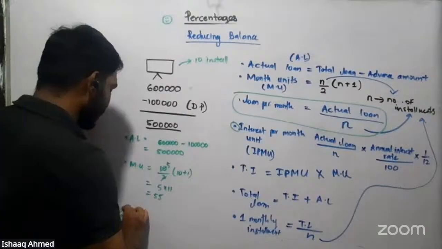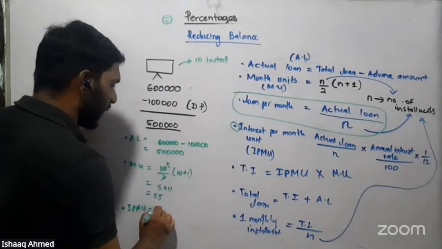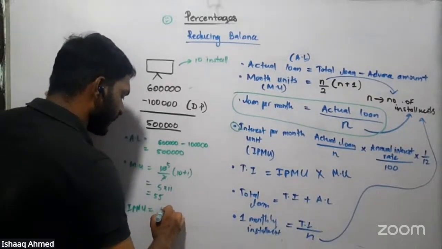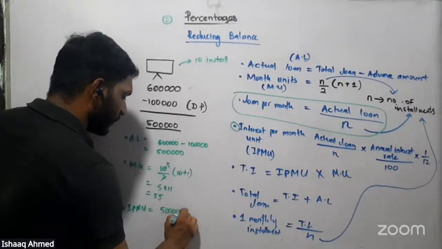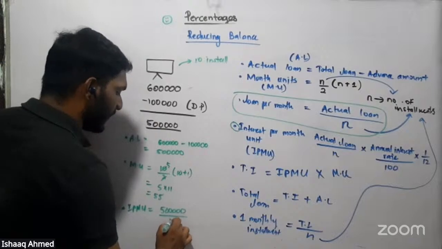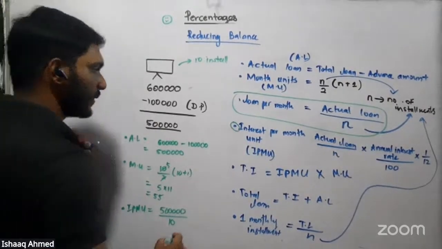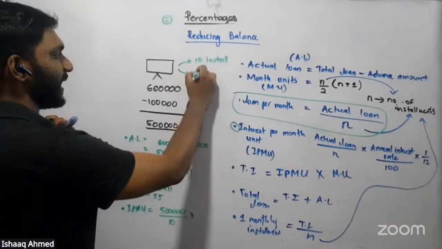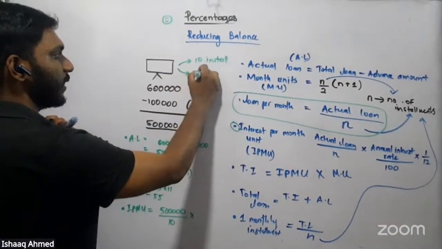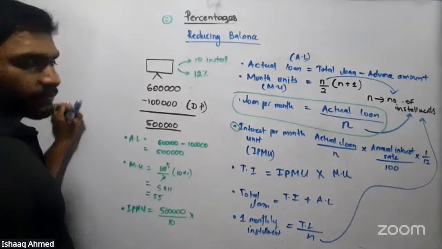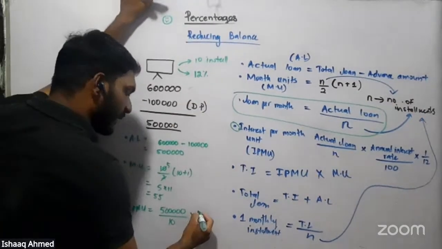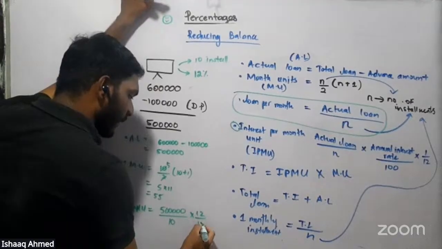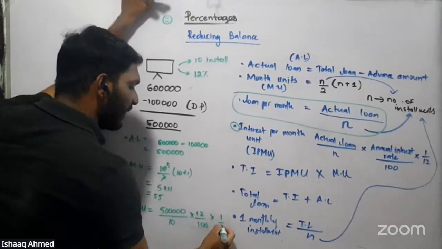So interest per month unit, that is actual loan, which is 500,000 divided by 10 installments multiplied by annual interest rate. This company's annual interest rate is 12%. Okay. So annual interest rate 12 over 100 into always that is 1 over 12.